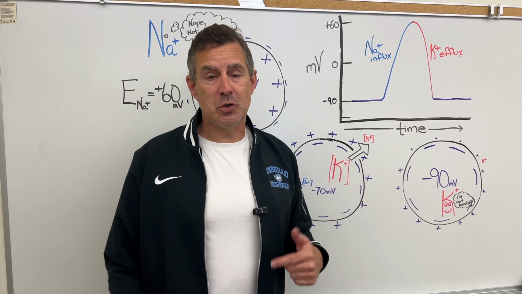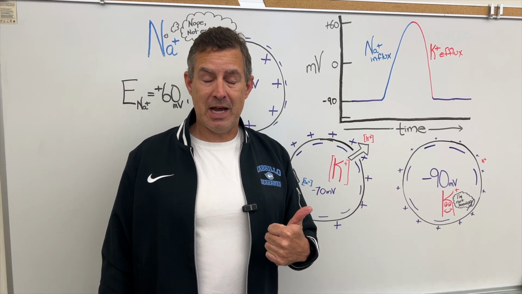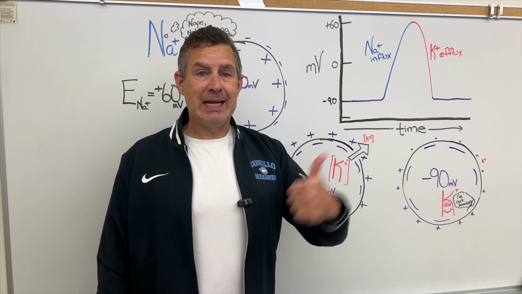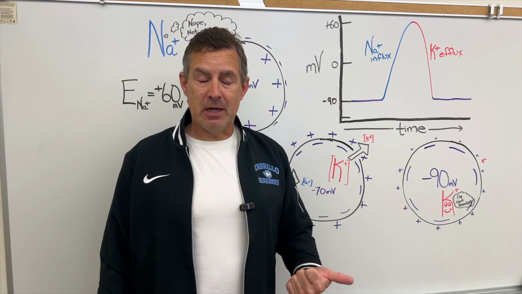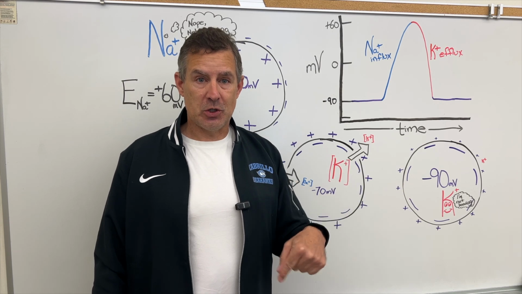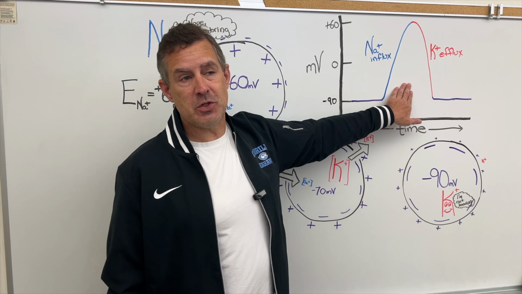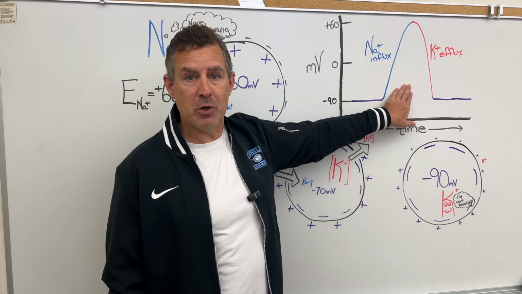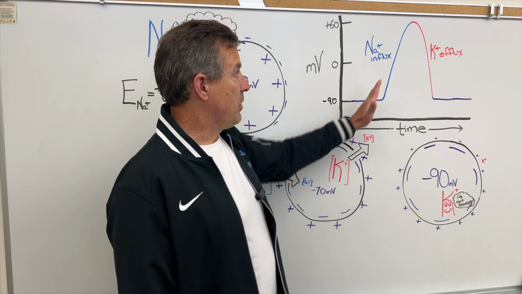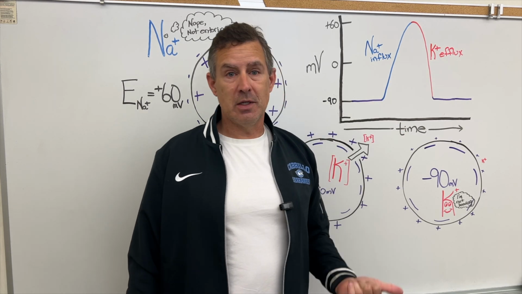Our focus now is just what potassium is doing. And as positive charge leaves the cell, which is potassium in this case, and continues to leave the cell, it becomes more negative. As the cell starts losing positive charge, it starts becoming negative. So in this graph right here, which is a graph of a depolarization and repolarization event, depolarization and repolarization going back down to its relative resting state.